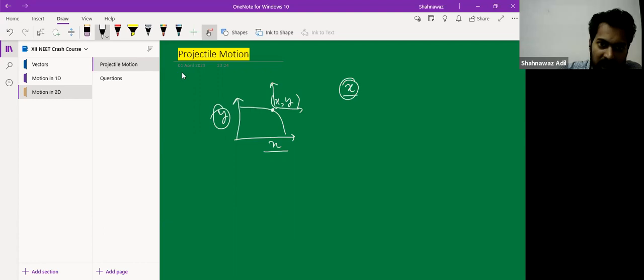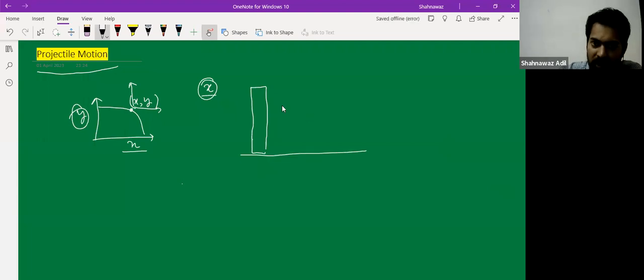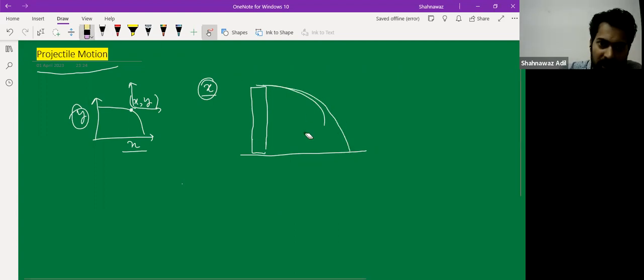So the first topic, as the heading says, is projectile motion, right? So let us do the projectile motion. First case is that you are on a building or a rooftop, okay, and you throw something from here, right? So this will follow something like this. Okay, so this has only one direction of velocity.